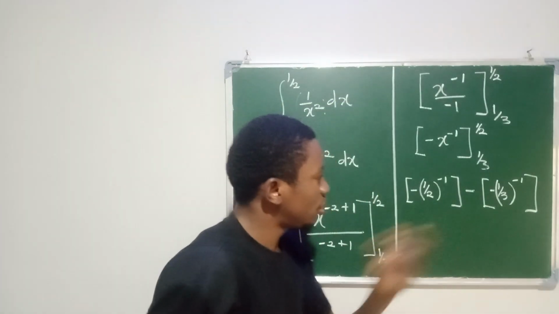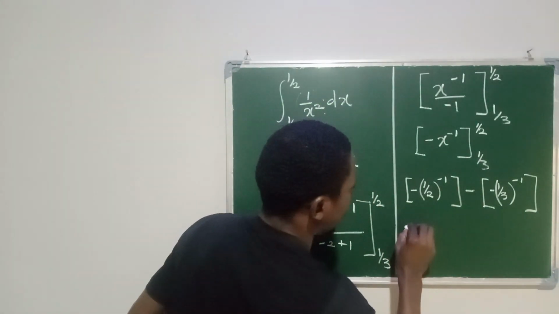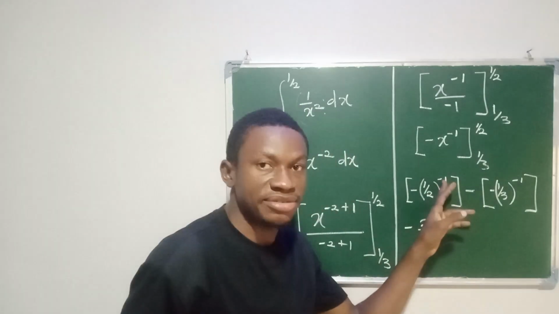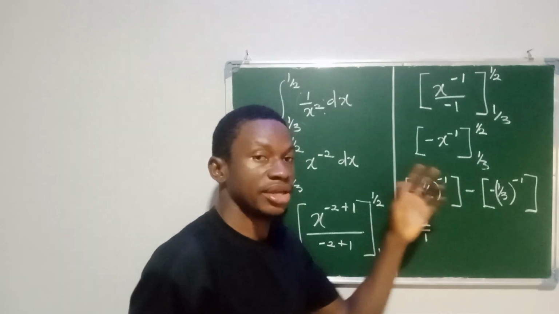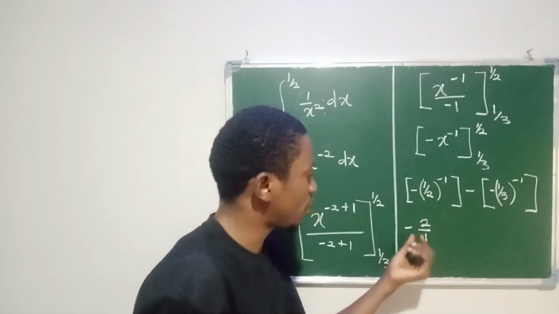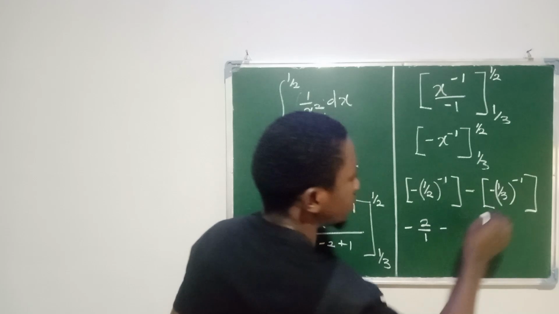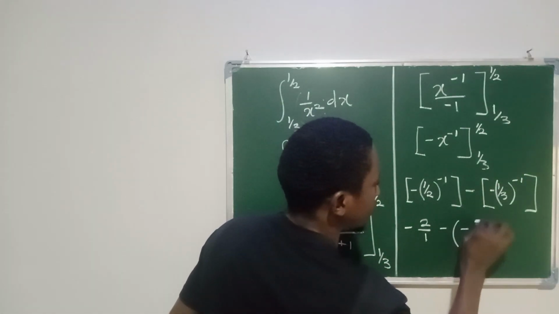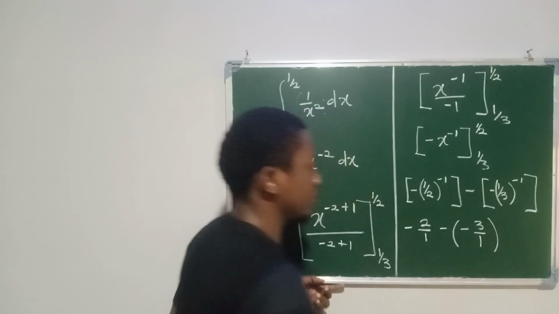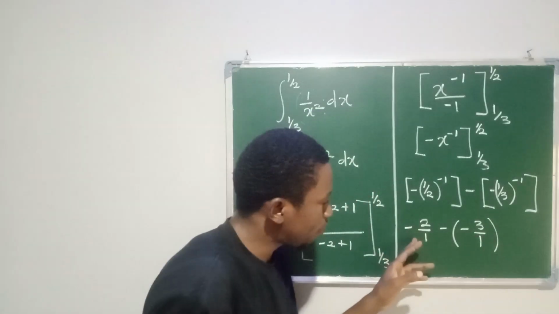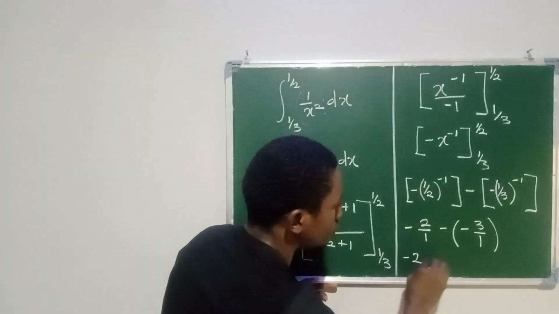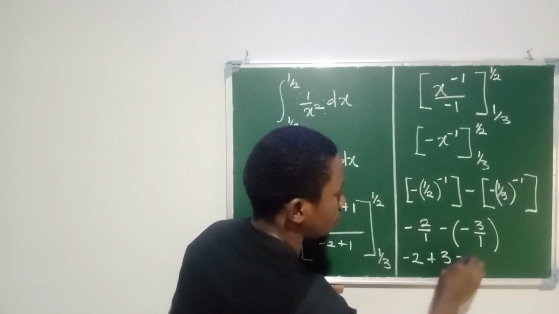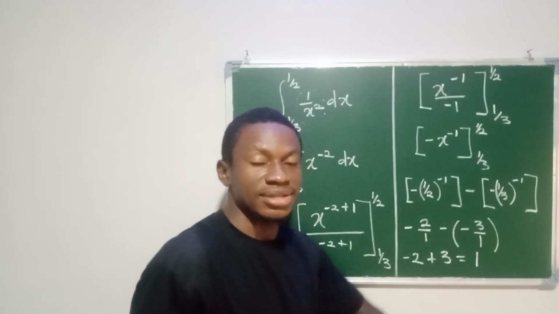From this point, we can have minus 3 over 1 because of this negative power here. We just have to take the reciprocal of this fraction. So we have minus 2 over 1 minus, the same thing happens here, minus 3 over 1. So from this point, we have minus 2 plus 3, and minus 2 plus 3 is equal to 1. So 1 is the answer.